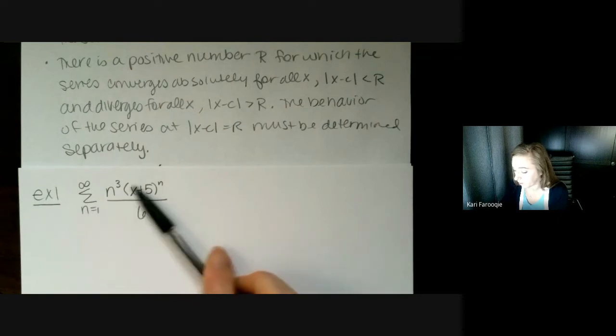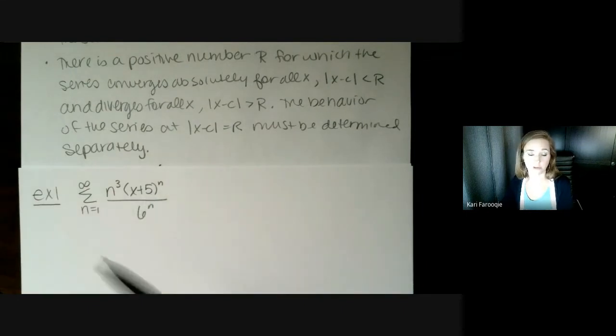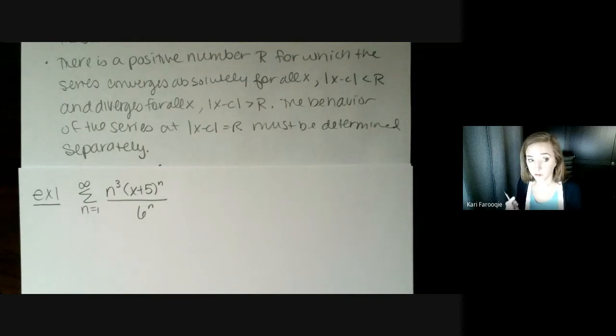But x is the wild card here. So our goal is to really determine what's happening to the series based on what's happening with x. So we're going to come up with some values and say, okay, well, if x is between these values, maybe we would have convergence, or maybe we would have convergence no matter what x is, or maybe it doesn't matter what x is, the series is going to diverge anyway.